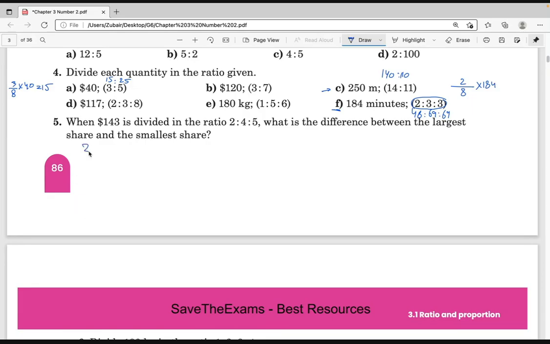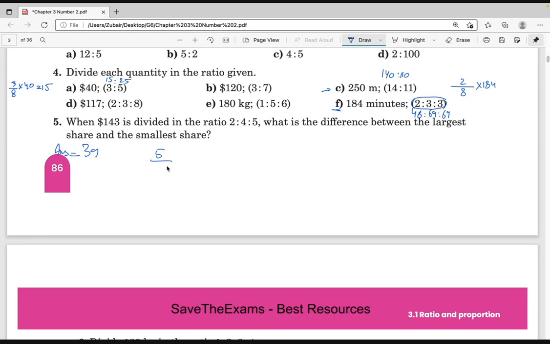Meanwhile, I'm getting 39. I'm also getting 13 and 1. So the difference between largest and smallest.